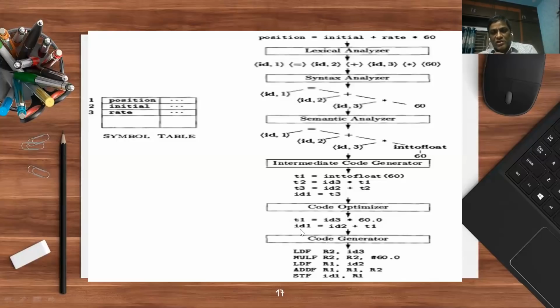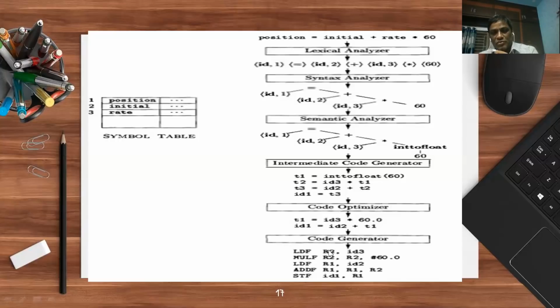And finally, to perform these operations, the machine code. These are actually assembly language codes. Assuming that there are 2 registers available, R1 and R2, the first task is LDF R2, ID3, which means store the value of ID3 into R2. The assumption in assembly languages, as maybe you learned in computer organization, is that the value should be available in a register to perform any operation. Therefore, ID3 must be available in a register to apply any operation on it.